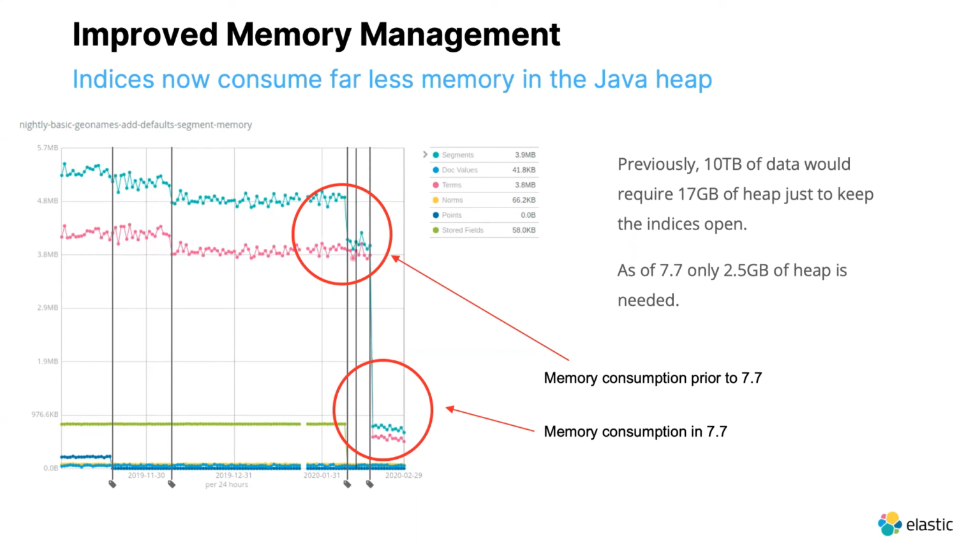Post 7.7, we only need about 2.5 gigabytes of heap to store 10 terabytes of data. That's really significant because now all that heap space is left over for us to service queries, do aggregations, service concurrent queries. A lot more is possible now that we're much more memory efficient. So if you're not on 7.7 or later, we'd love you to upgrade because we think this is going to be a big improvement for you.